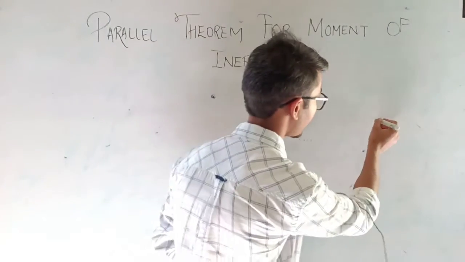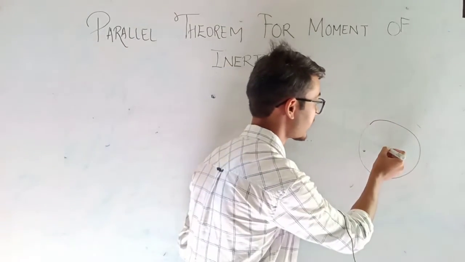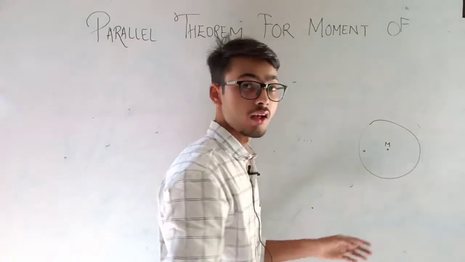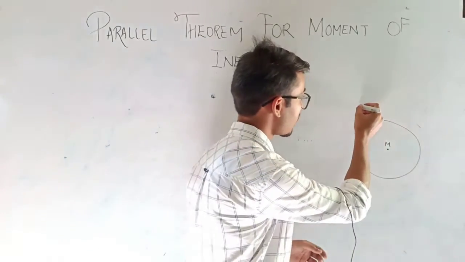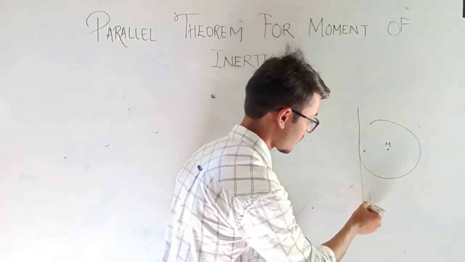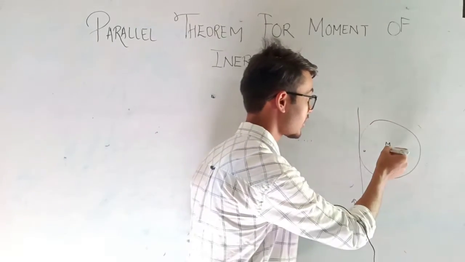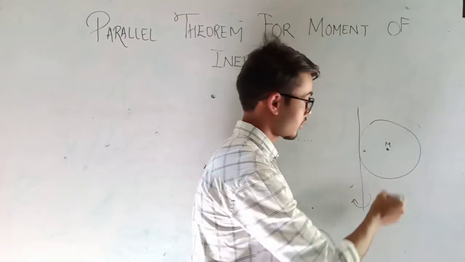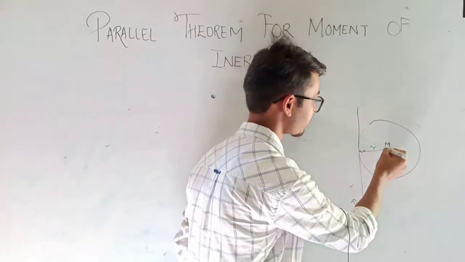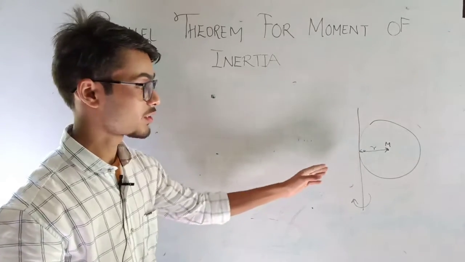Now let us take a disc, and here is the center of mass. I want to pass an axis tangent to it, and this whole disc rotates about this axis, and the radius is r. Now what should we do to find the moment of inertia?